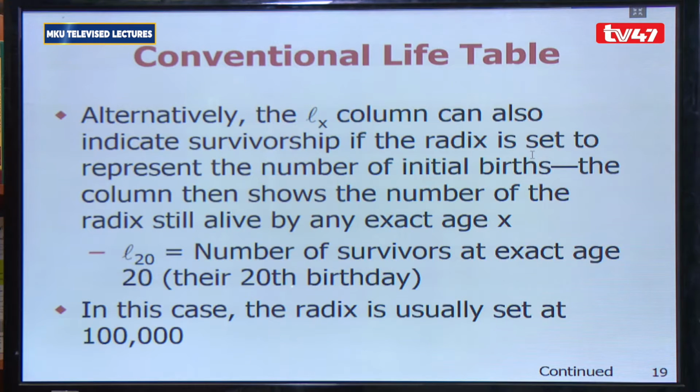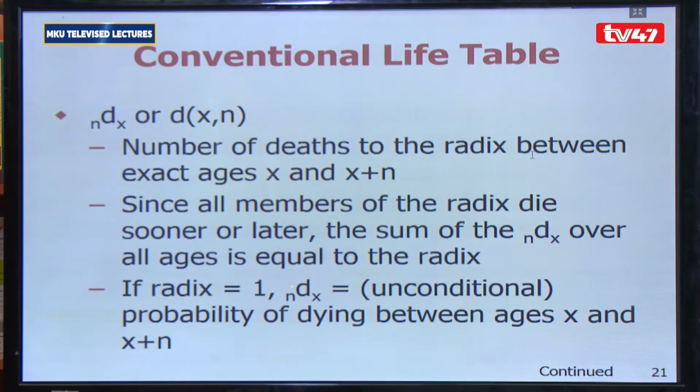The first entry to that column is called a radix, as we've seen. We can also define that as the number of survivors at a given exact age. For example, l20 denotes the number of survivors at exact age 20.